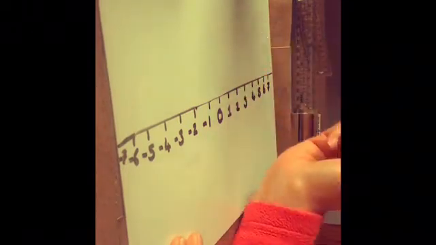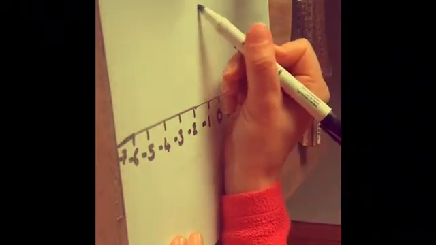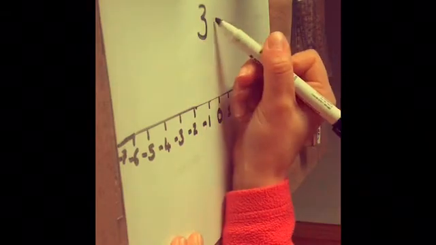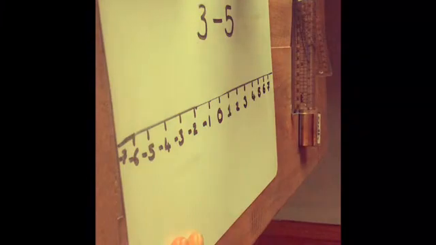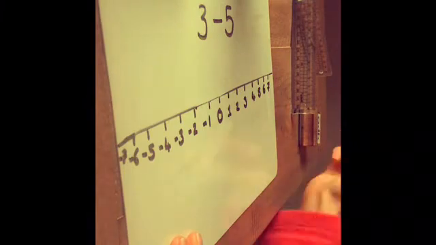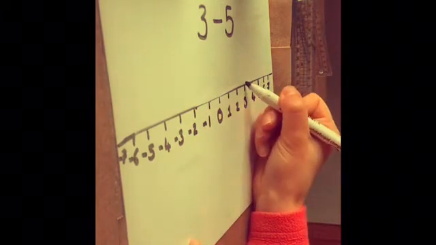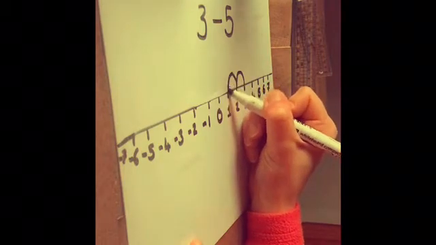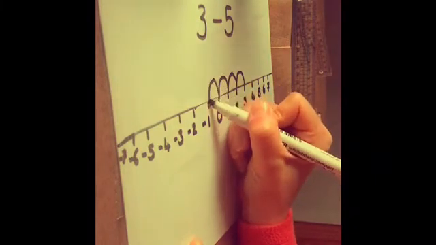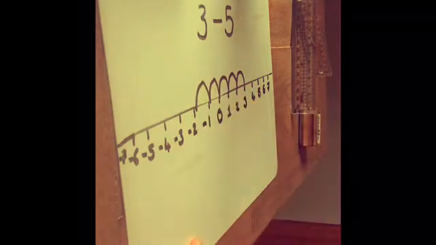This time let's start at 3. Take away 5. Pause this video now and see if you can work that out. So 3 take away 5, well, we'll start at 3 and we'll jump back 5. 1, 2, 3, 4, 5.